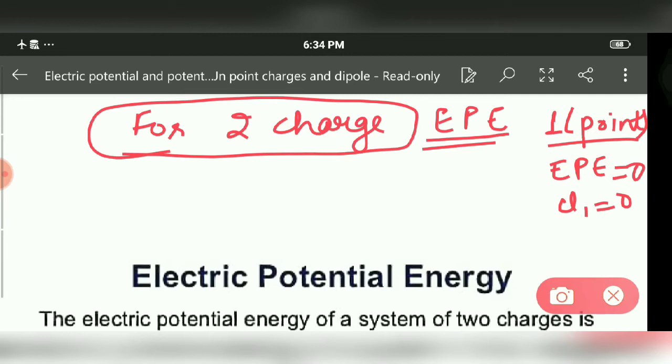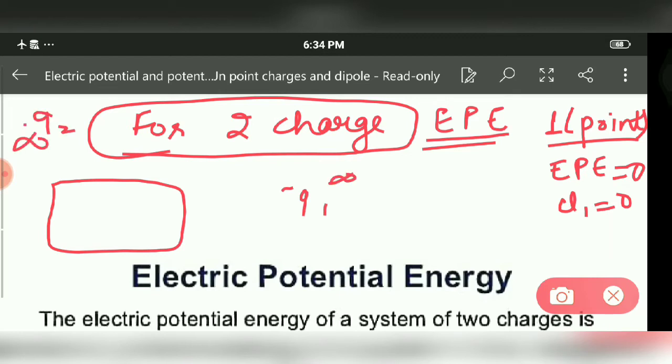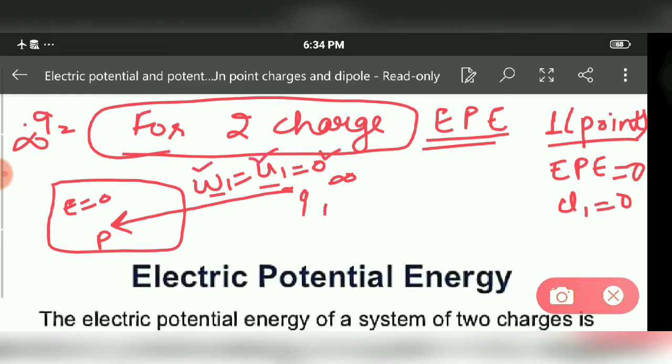Suppose this is the region where we have to bring charge q1 and charge q2. Both are at infinity. First of all, when we bring charge q1 from infinity to this point P, no work is required because no electric field was there initially. So W1 or U1 is equal to 0, because the amount of work done is stored as energy.